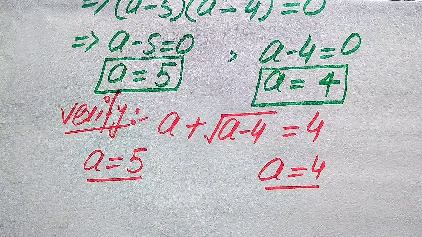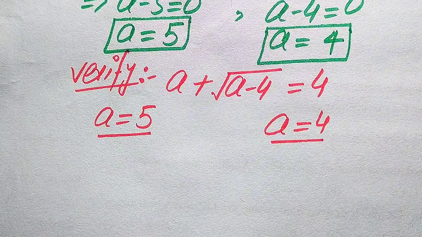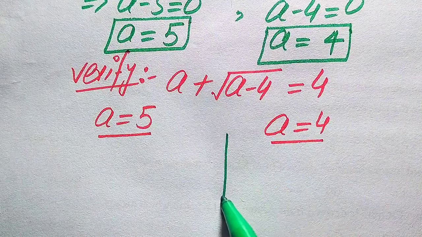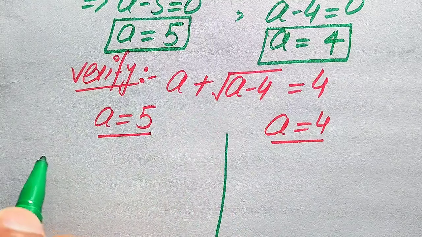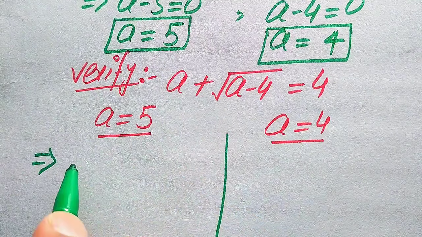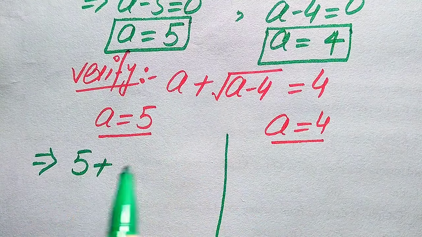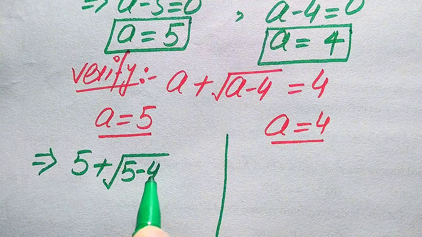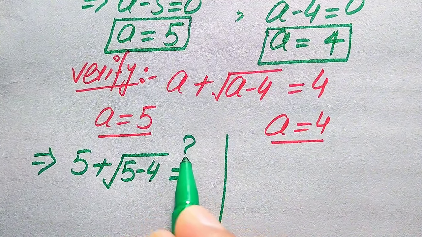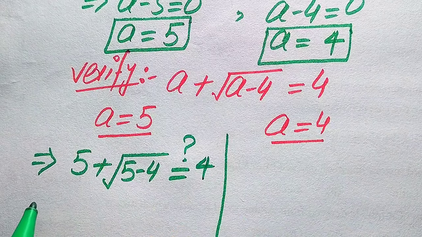So first we verify a is equal to 5. It means that we substitute a equals 5 into the left hand side and check its behavior. When we put it here, it becomes 5 plus square root of 5 minus 4, and we check whether this is equal to 4 or not.